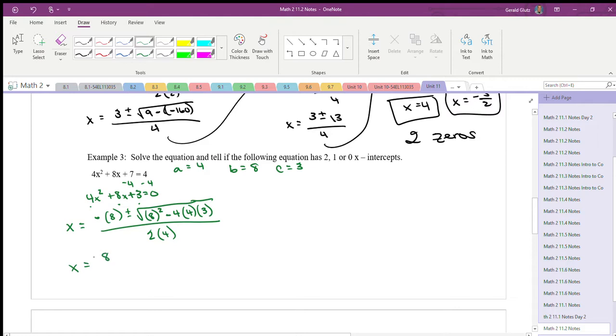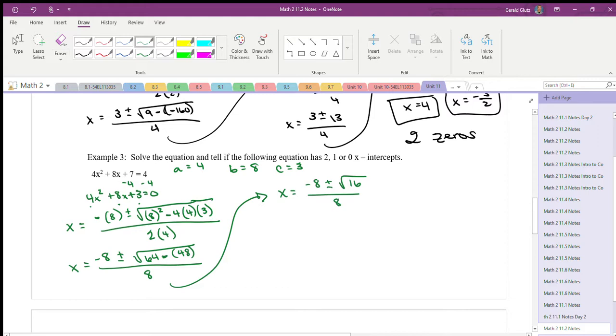So negative 8 plus or minus 8 squared is 64, minus 4 times 4 is 16, times 3 is 48, all divided by 8. 64 minus 48 is 16. The square root of 16, we can do that one, and that is 4.